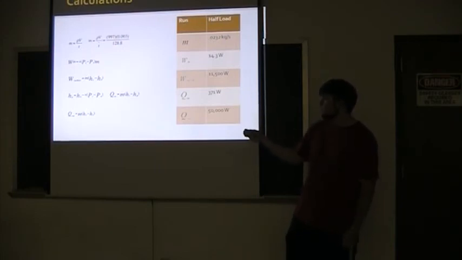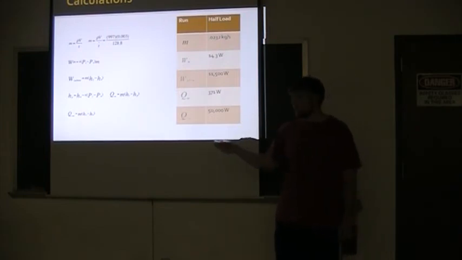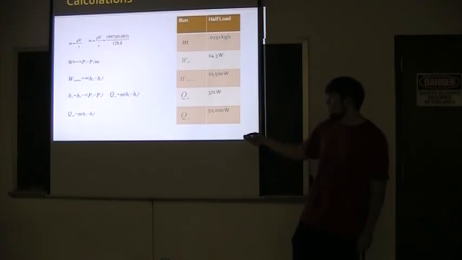Work out of the turbine was mass flow rate times H2 minus H3, 11,500 watts. And we found the pump enthalpy, then we can find heat in, mass flow rate times H1 minus enthalpy of the pump. And then heat out, we did mass flow rate times H3 minus H4, 50,000 watts.